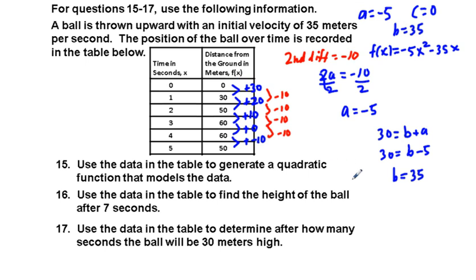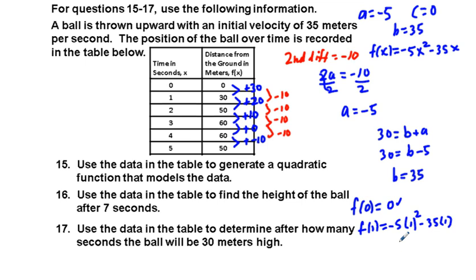Okay. So trying it out, we would enter 1. So f of 0 is going to be equal to negative 5x squared minus 35x. So that's going to be 0, check. f of 1 is going to be negative 5 times 1 squared minus 35 times 1.